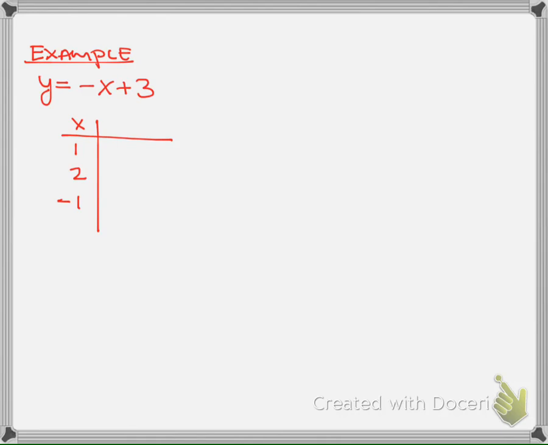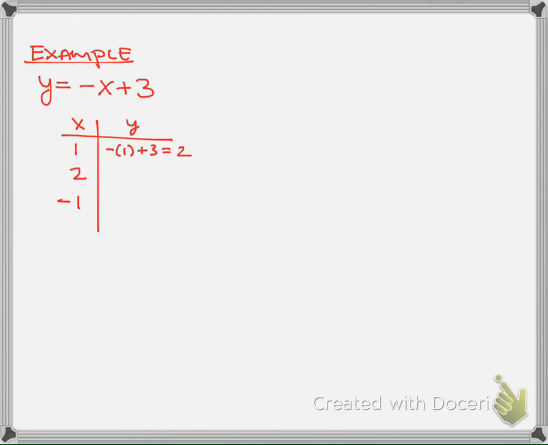Now we're going to substitute these x's into the equation to figure out what our y value is going to be. To figure out what y is going to be, we substitute 1 into the equation. So -1 plus 3. I know that -1 plus 3 is equal to 2.